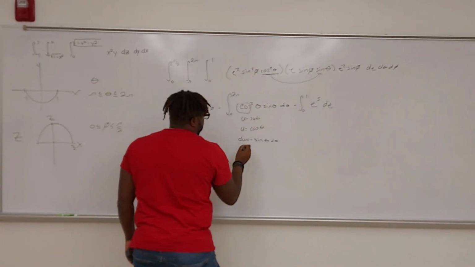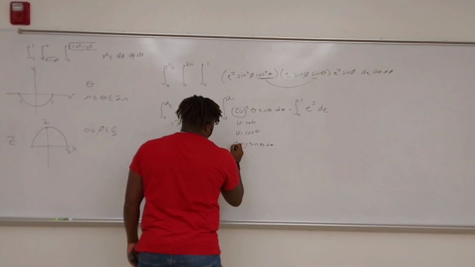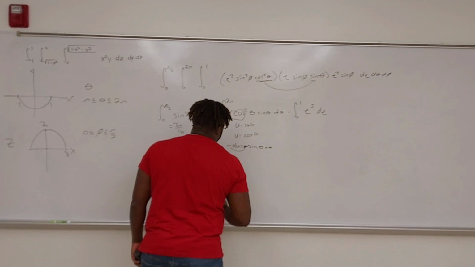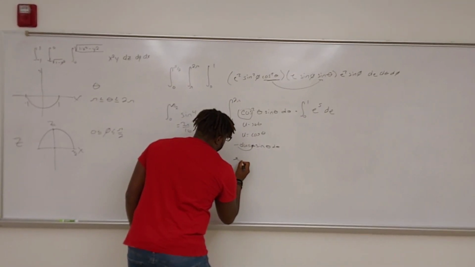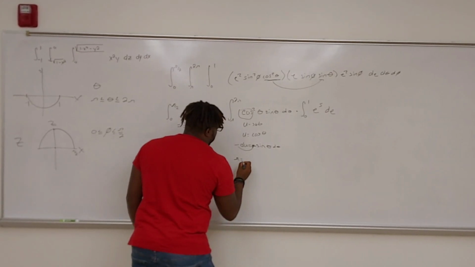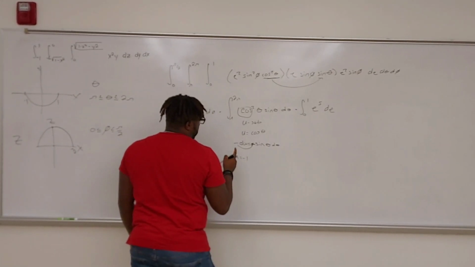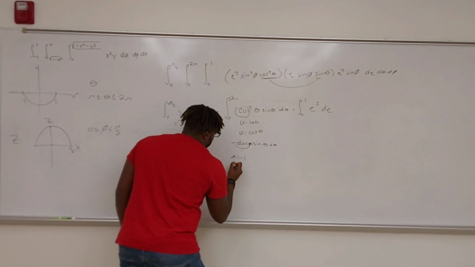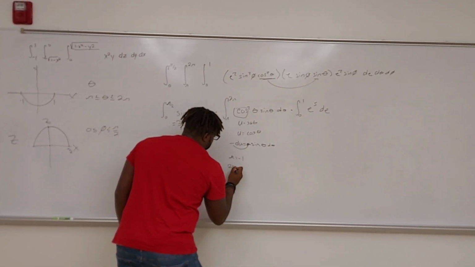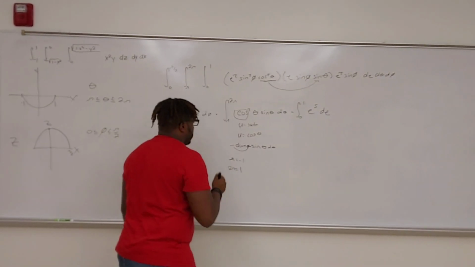And so we can't really have a negative right there, so we just move the negative out front, and then get rid of that. And then cosine pi will give you negative 1, because we're substituting pi in for theta. And then 2 pi will equal 1.